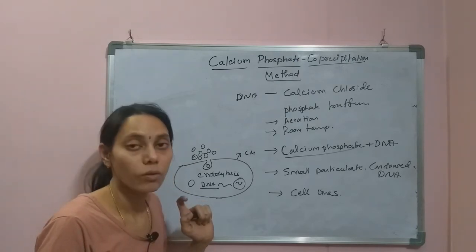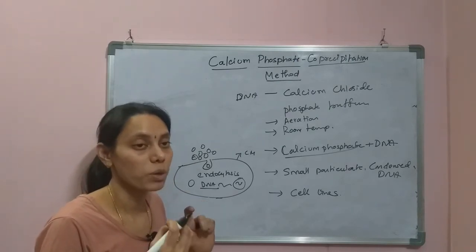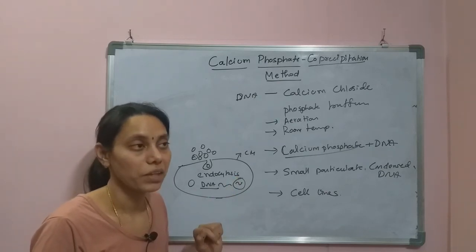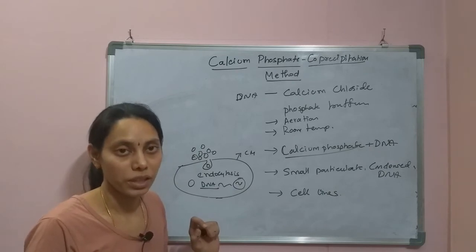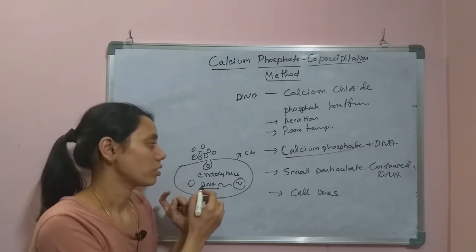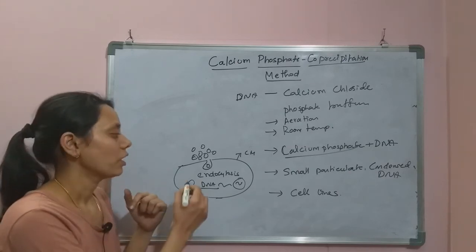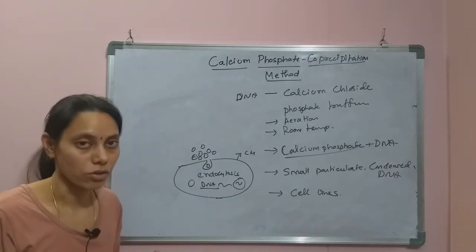If the aeration is not provided, the DNA may not be precipitated evenly along the calcium phosphate precipitate, and that may form clumped DNA, and that is not good for the endocytosis process or the entering into the host organism.